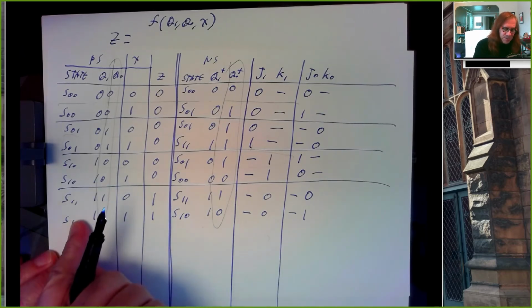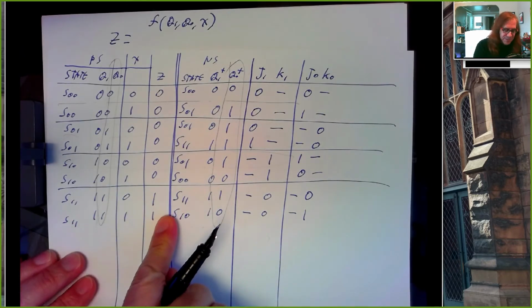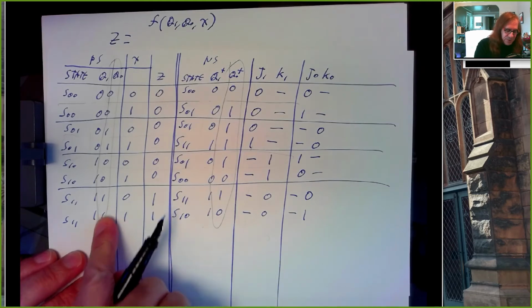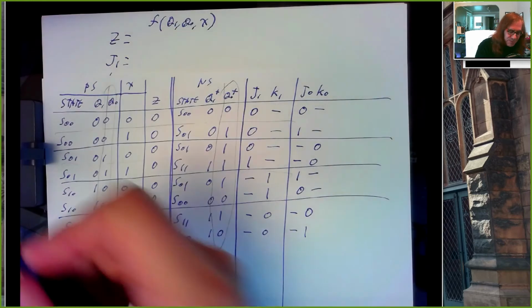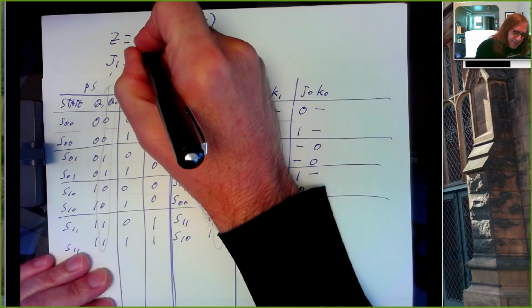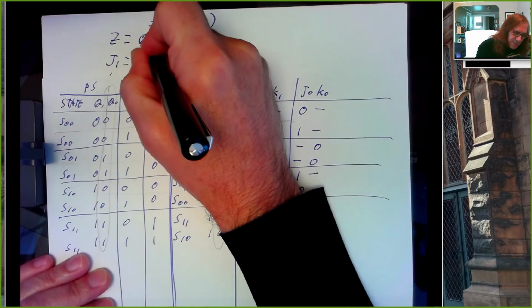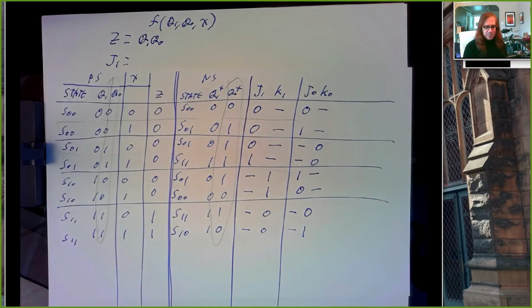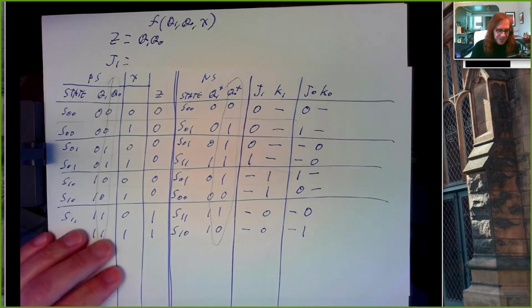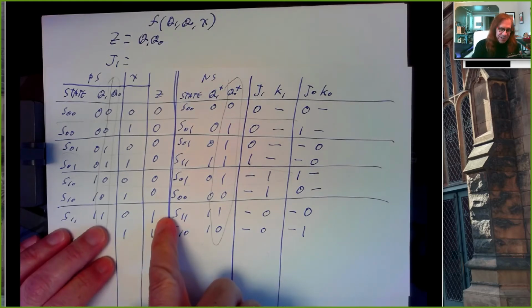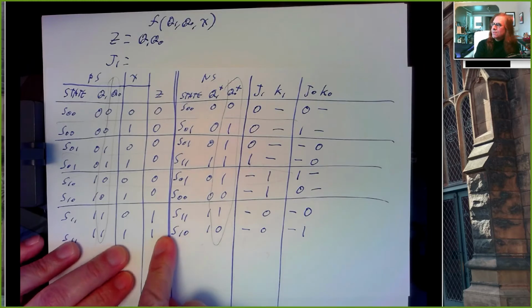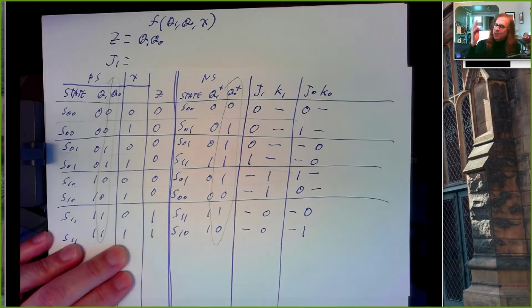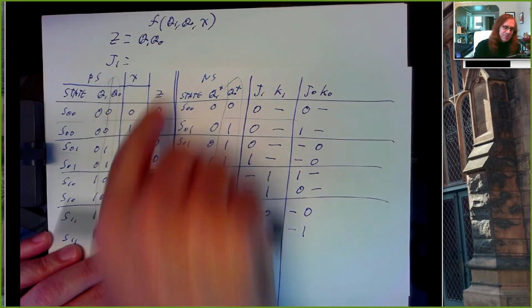If we're in S11, then Z should be a 1. And we can tell we're in S11 because Q1 will be 1 and Q0 will be 1. So Z is just Q1 Q0. And if we did a sum of products, it would be Q1 Q0 X bar, or Q1 Q0 X. And then if you put that into a K-map, the X will go away and we'll end up with just Q1 Q0.